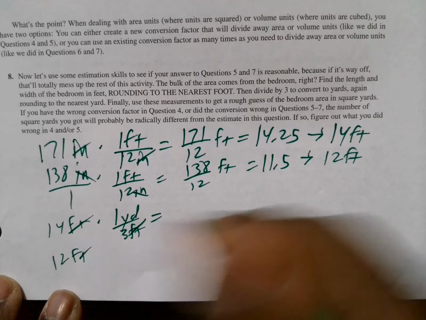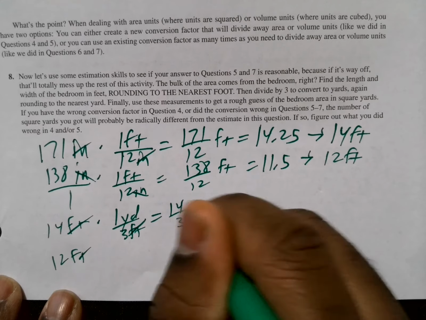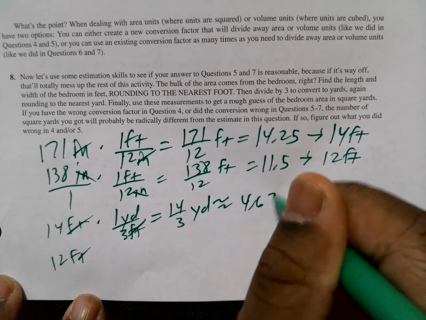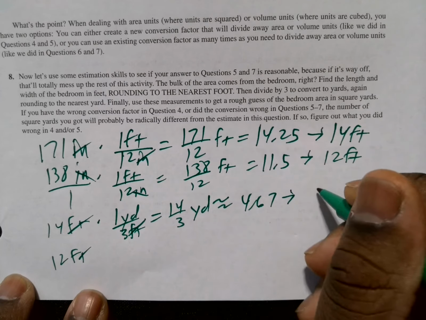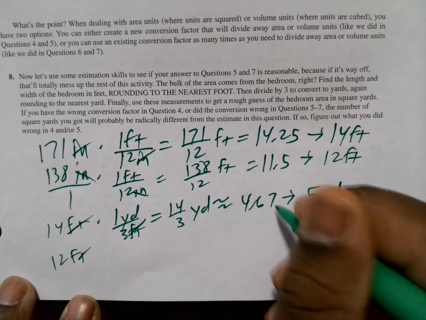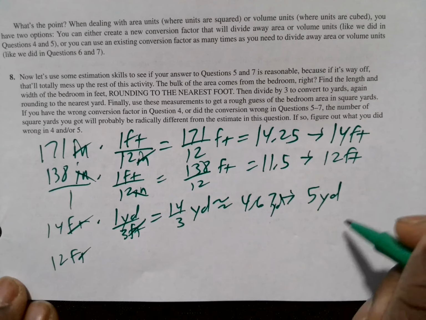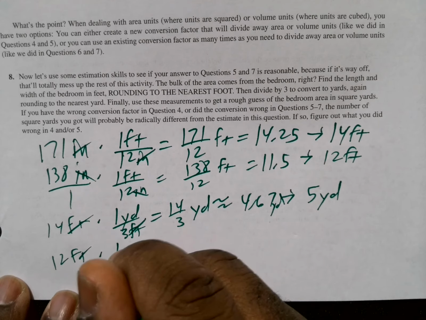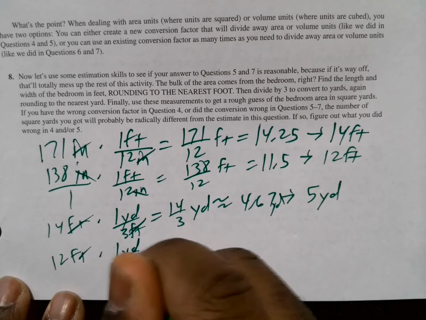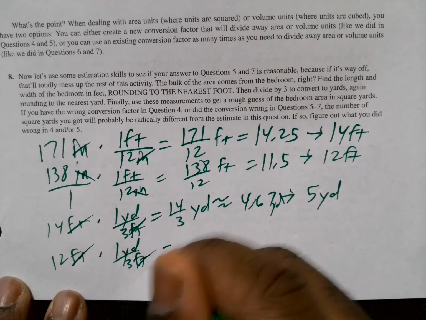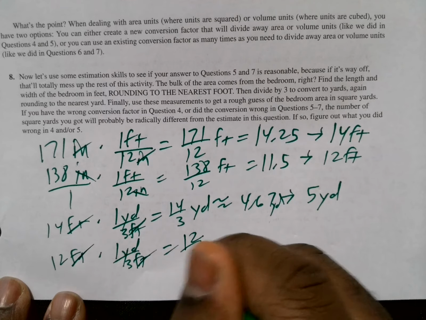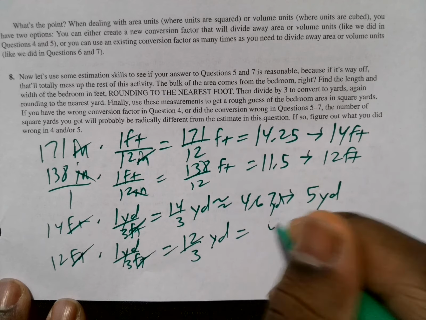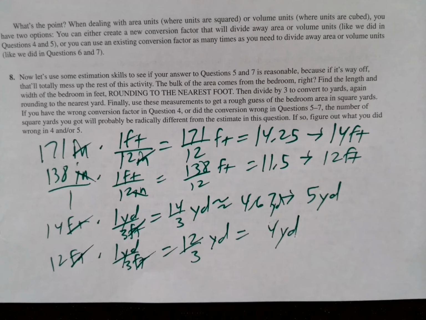The feet will simplify out, be 14 over 3 yards, which is approximately 4.67, which rounds to 5 yards. Okay, next, we'll multiply this 12 feet by 1 yard over 3 feet. The feet will simplify each other out, and it'd be 12 over 3 yards, which is equal to 4 yards. And we don't have to round that.